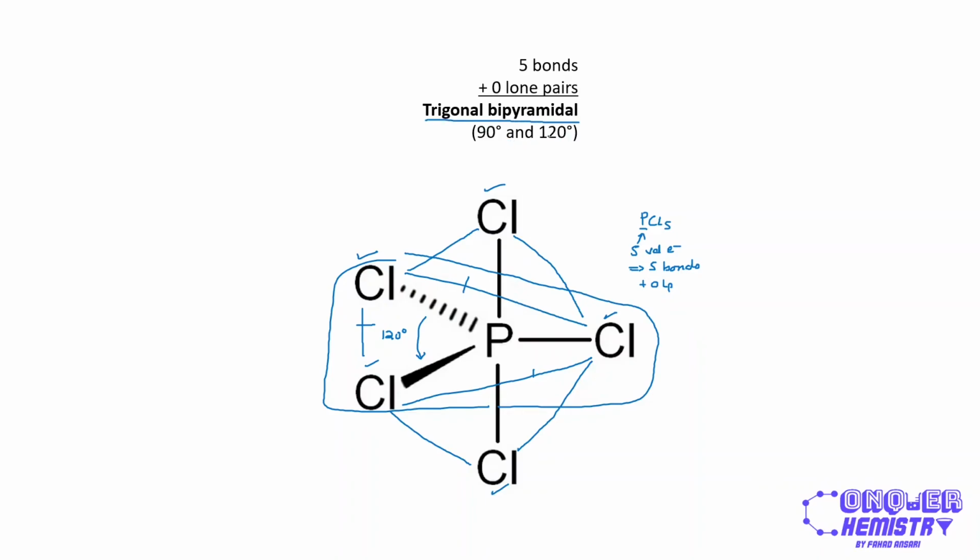So you have bond angles of 120 degrees within that flat triangular base that both pyramids share. And the bond angle of 90 degrees that you see over here is actually between the top chlorine atom over here and the triangular base, and the bottom chlorine atom and the triangular base in the middle that both pyramids share. So that is trigonal bipyramidal, from 5 bonds and 0 lone pairs.